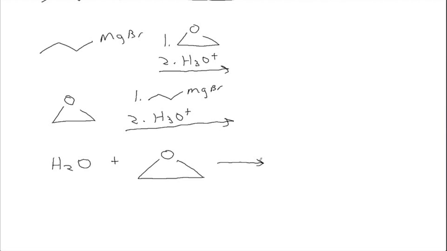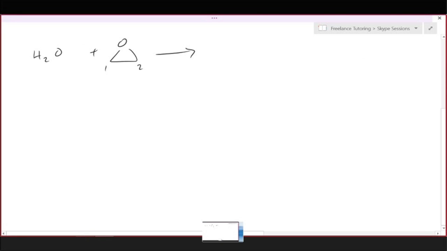Let's try to predict the arrows here. Okay. Now, I'm not sure, but I'm going to guess that because oxygen on the water would be... I guess I'm not sure.